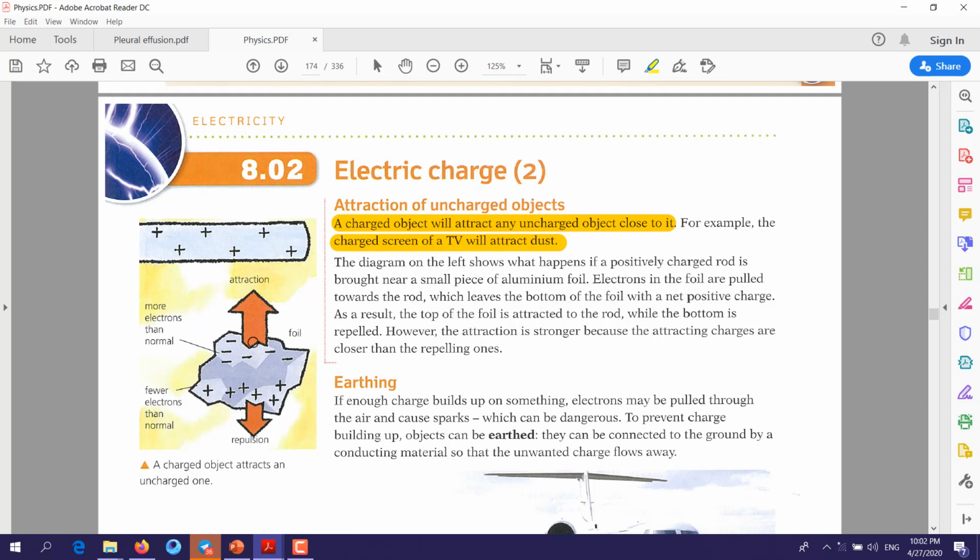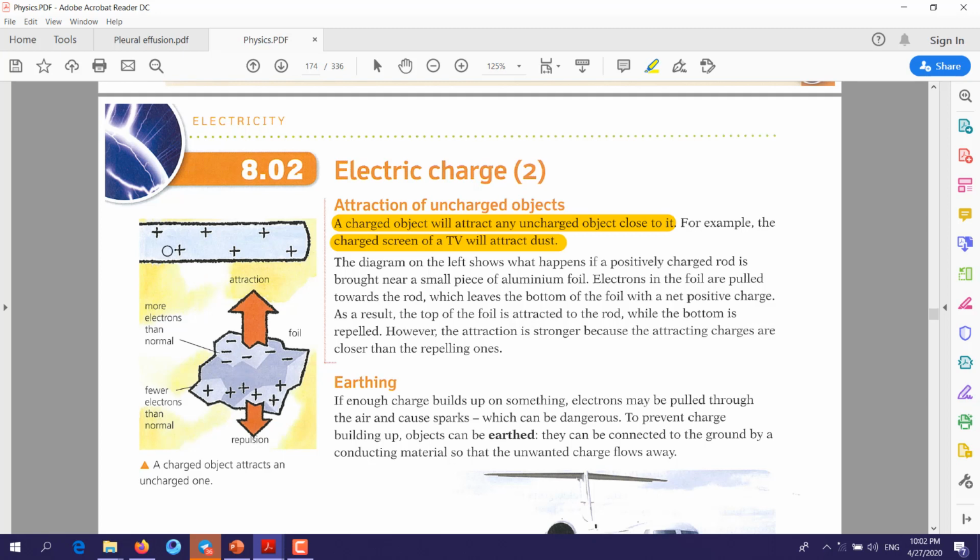So what will happen if you bring this object close to the aluminium foil? You will see it will attract it. Why will it attract it? The explanation is that here it's positive and here it's mixed, positive and negative.